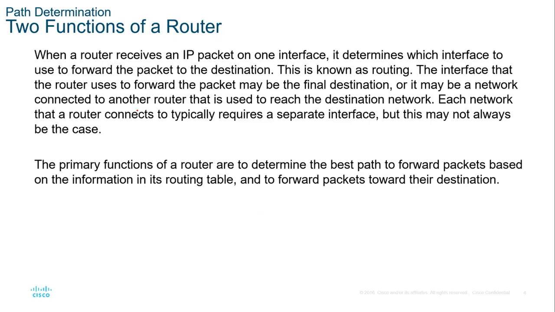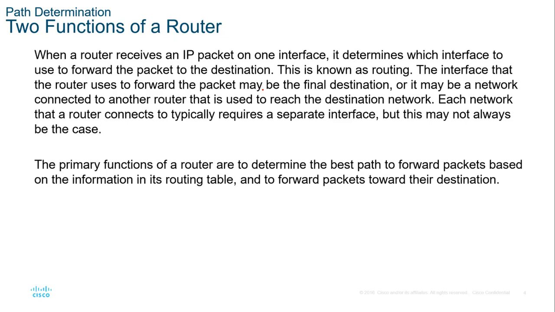So the interface that the router uses to forward the packet may be the final destination, or it may be a network connected to another router that is used to reach the destination network. Each network that a router connects to typically requires a separate interface, but this may not always be the case.